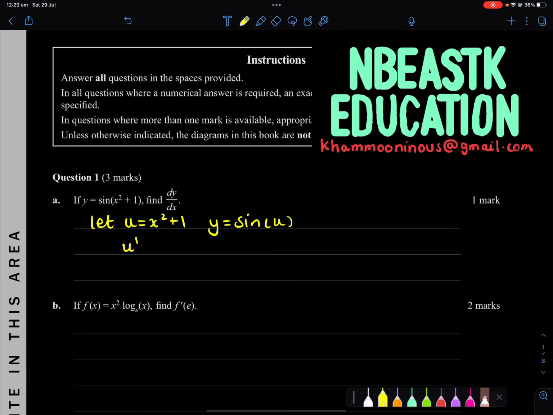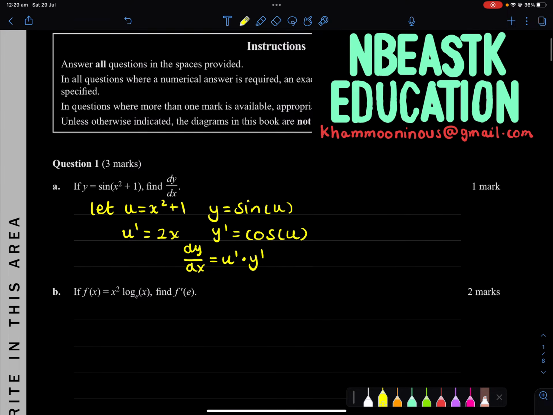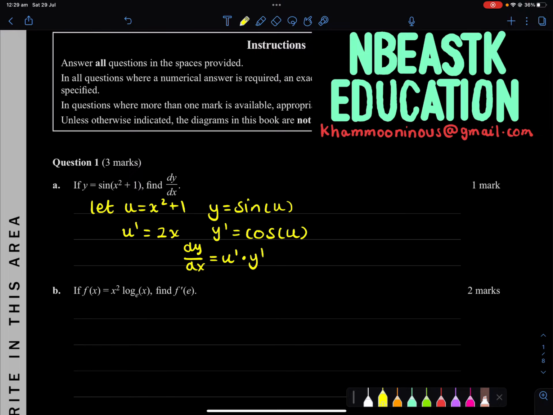We know that u dash is equal to 2x and y dash is equal to cos u, and then dy/dx is equal to u dash multiplied by y dash. So let's do that over here. So dy/dx equals 2x cos u.